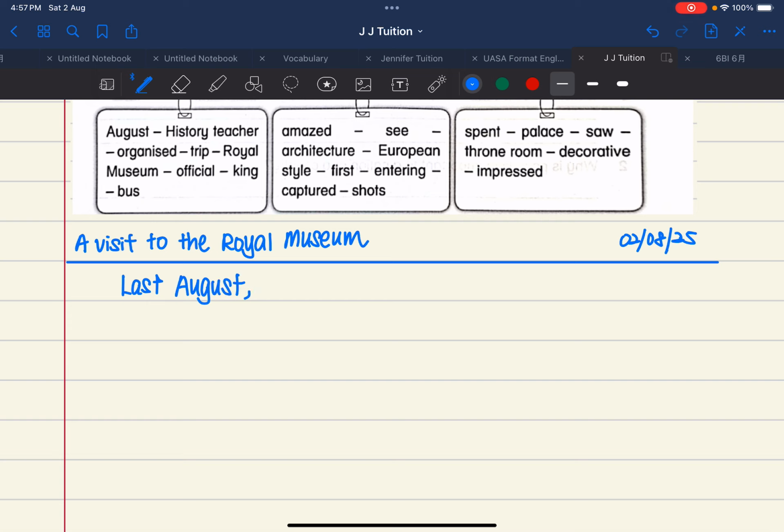Okay, we already decide the time is last August, which is the past tense here. We need to write history teacher. Whose history teacher? Then you can write our history teacher.